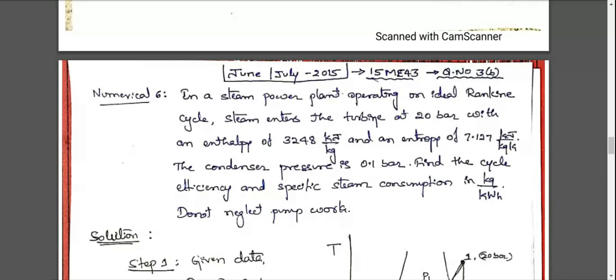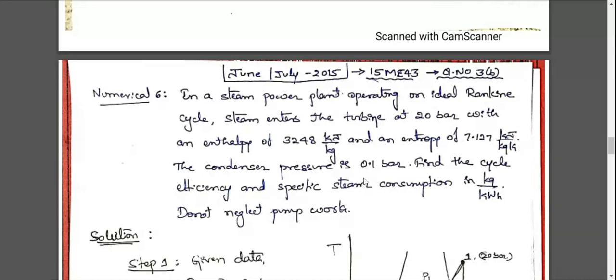As we discussed in the numericals in the previous lectures, in the problem he has to give minimum 3 conditions. One is boiler pressure, that is the maximum pressure in the cycle, and second one is condensation pressure, that is the minimum pressure, that is 0.1 bar he has given here.